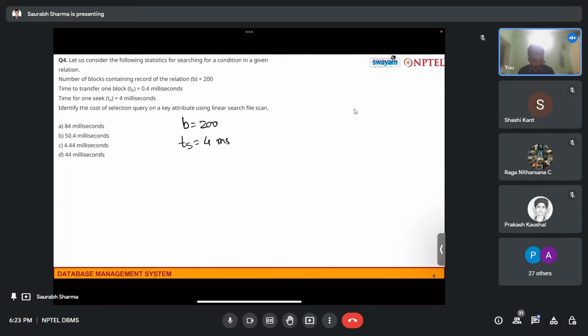Then TB, the time to transfer a block, is 0.4 milliseconds. Since a key attribute is provided, the cost is BR by 2 plus 1 seek. Just apply this formula and comment the answer.